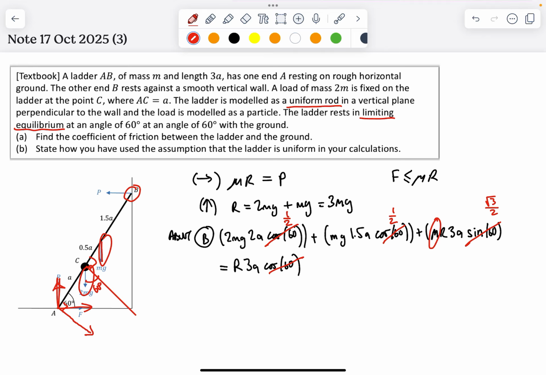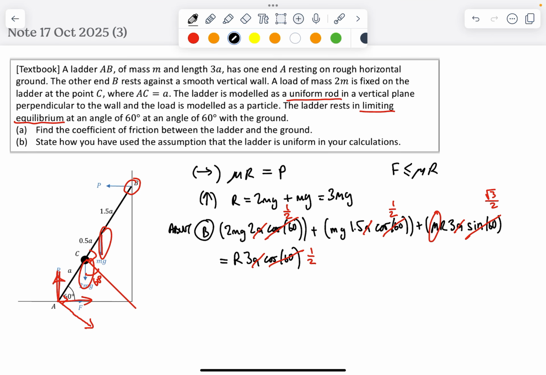And again, my cos 60 is a half. Every single term has got an a, so I'm going to cross out the a's. Now I should have simplified this quite a bit.